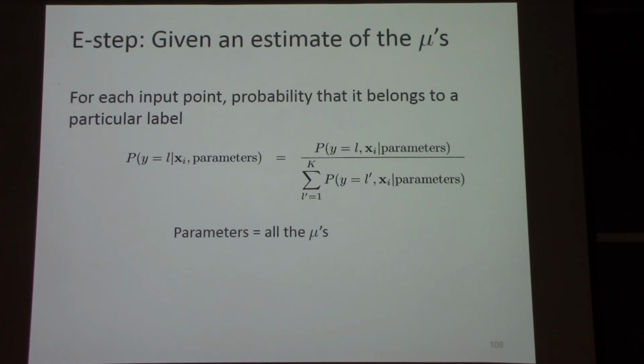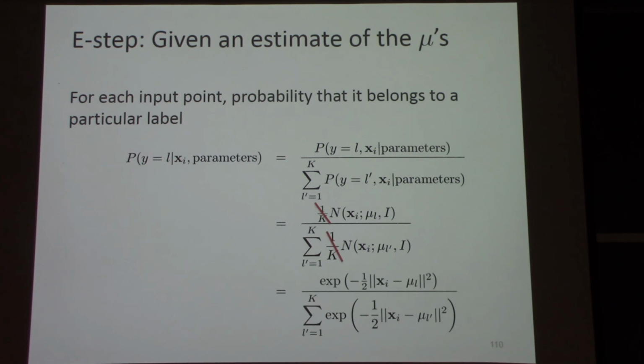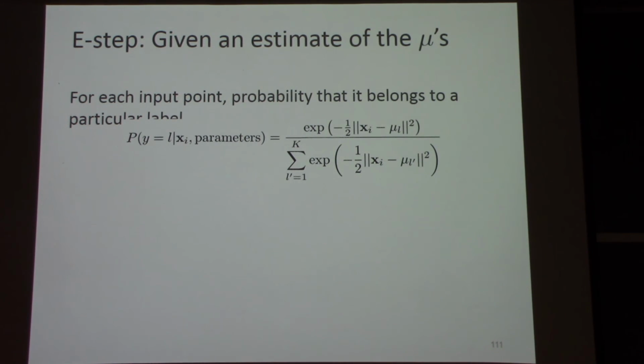What's the probability that a particular point belongs to a label? And because I know the analytical or the functional form of these probabilities, I can write down and instantiate all these numbers, but it doesn't matter.